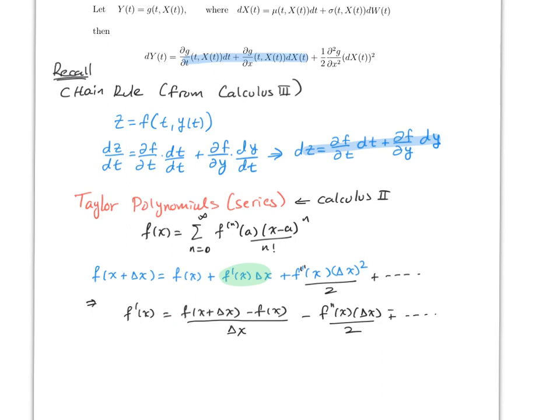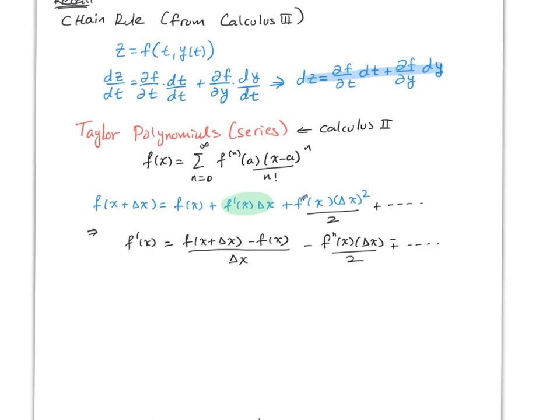Notice that if you take the limit, which is the definition, f prime of x is the limit as delta x goes to 0 of all of this.